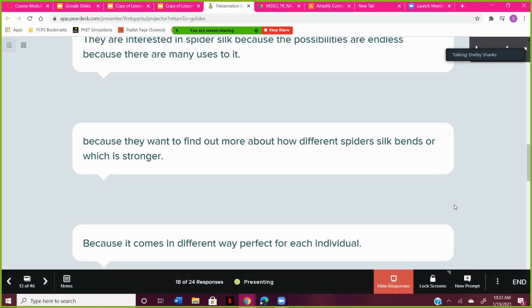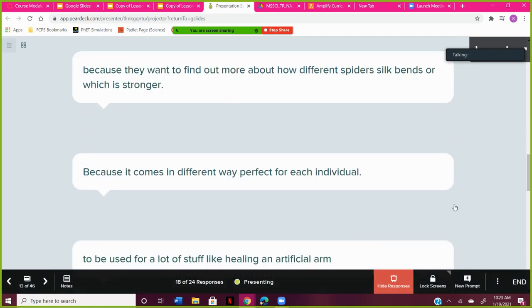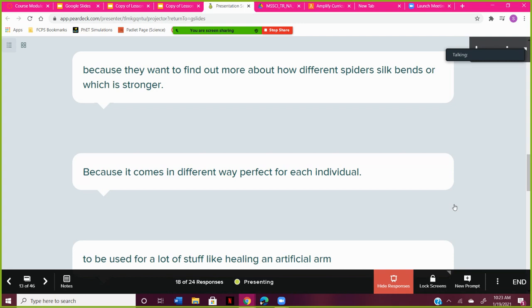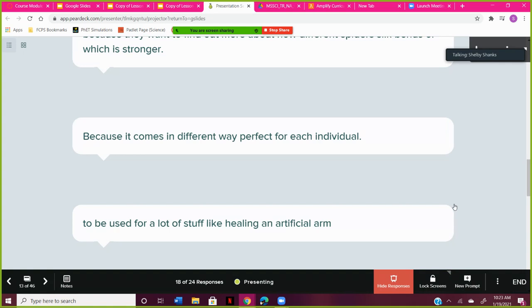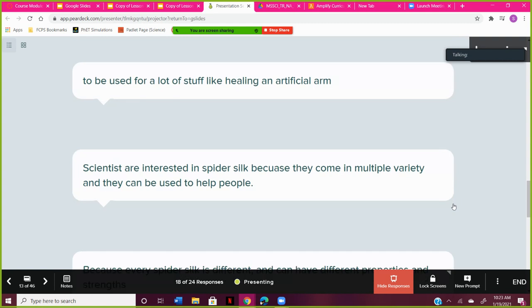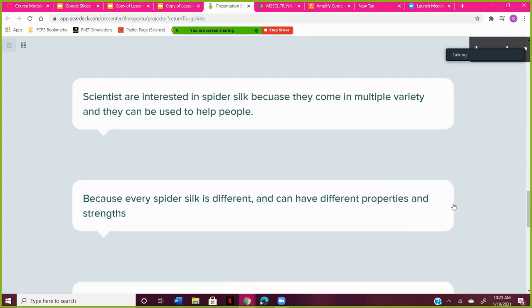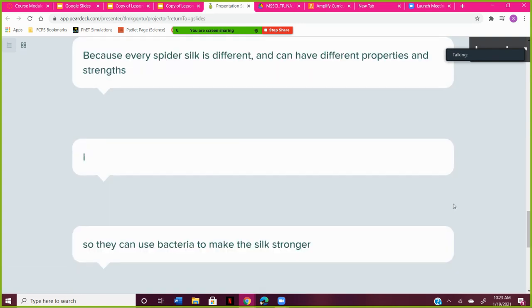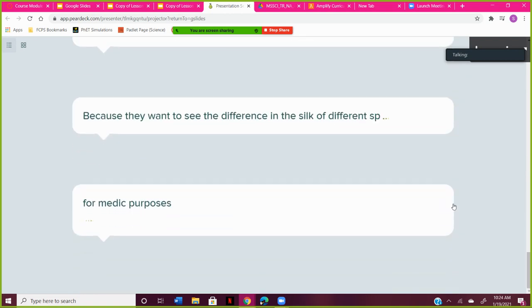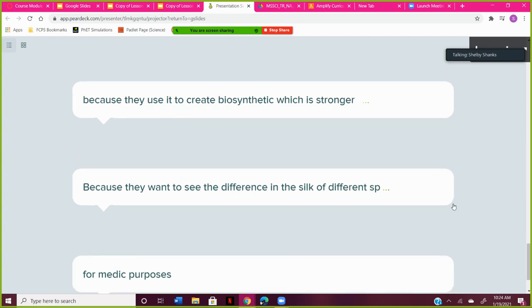There's a lot of uses. Spider silk is different and some of them are stronger. Others could bend more easily. Medical purposes.